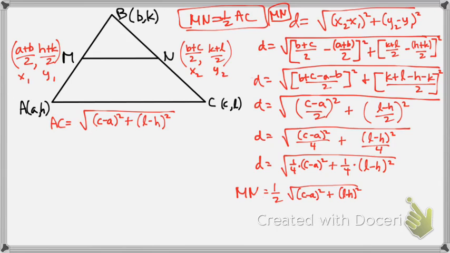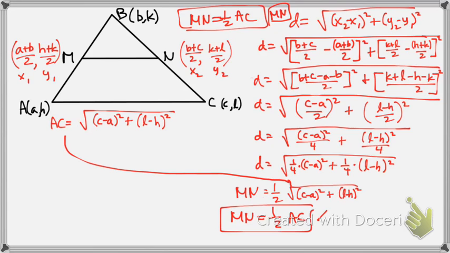What I can do is just substitute AC, because AC is already equal to all of this, and simply substitute AC for the square root part over here. So Mn equals 1/2 AC, and we've just proven that the mid-segment Mn is 1/2 the length, or 1/2 the distance, of the third side AC.